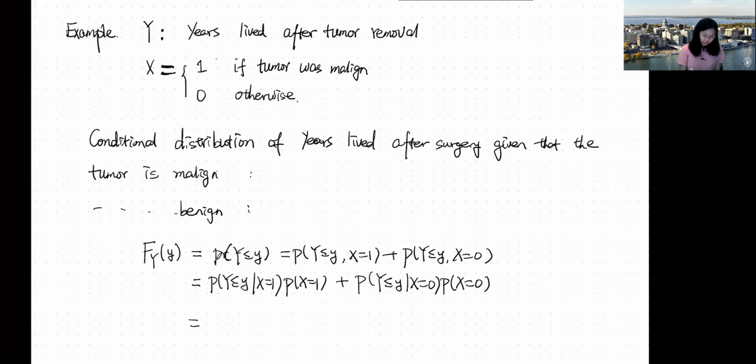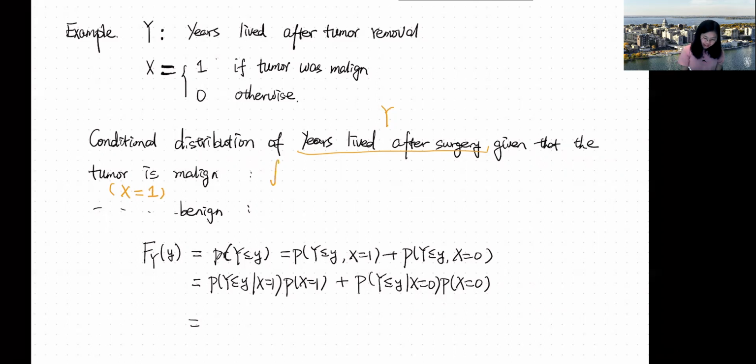So you may find the conditional distribution of y given that x equals 1 by looking at the population of patients who had malign tumor and assessing the distribution of their years lived after surgery.